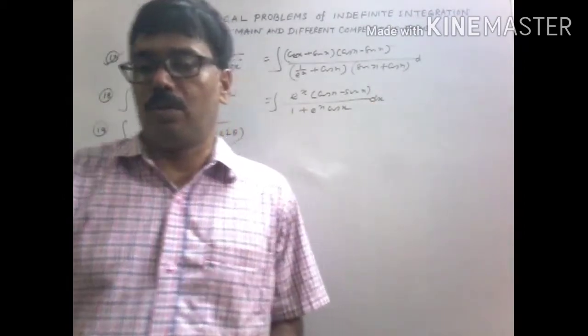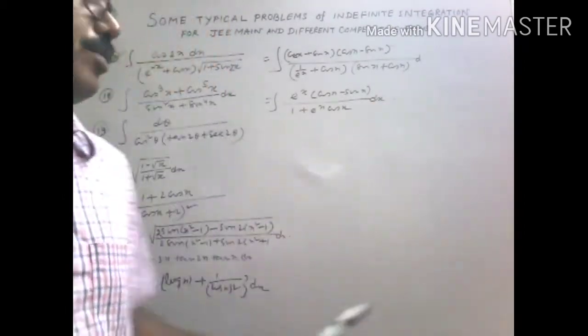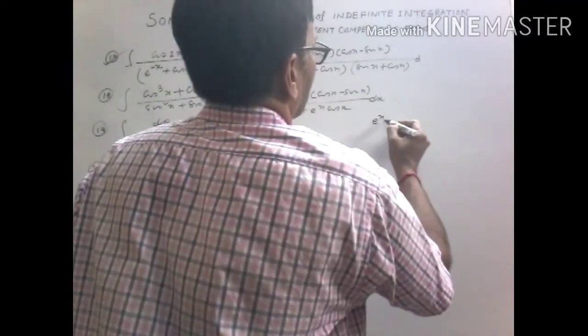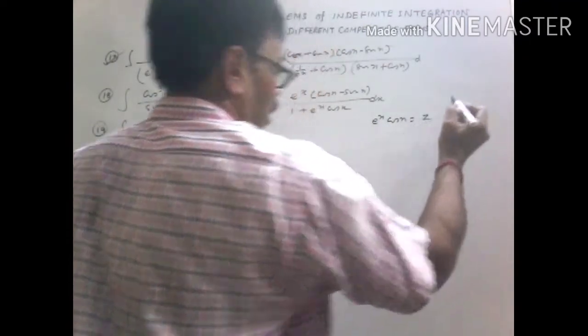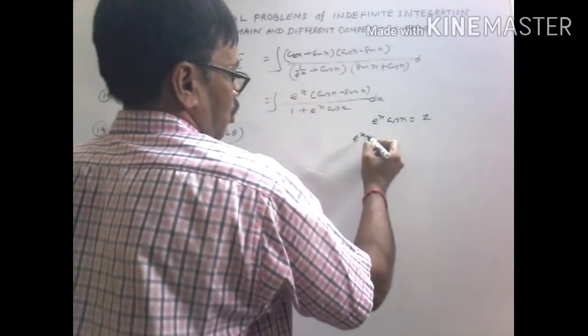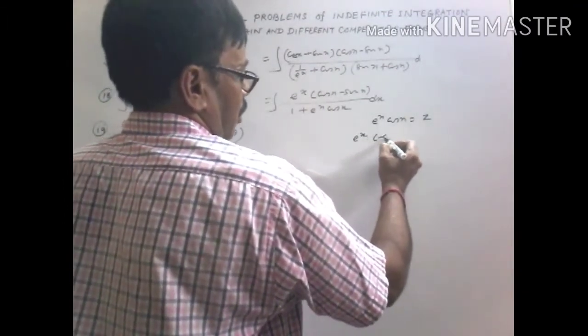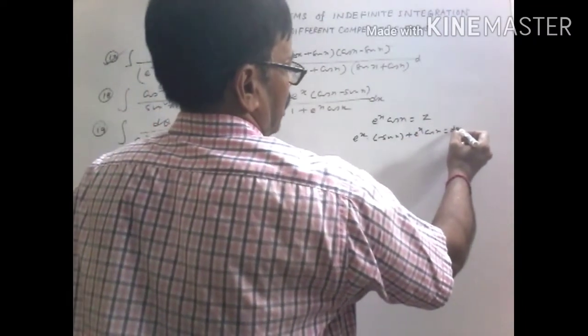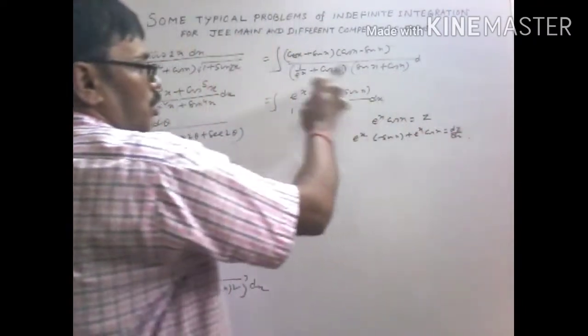Now look, derivative of e to the power x cos x, if we consider it as z, so e to the power x unchanged into minus sin x plus e to the power x into cos x, dz by dx.